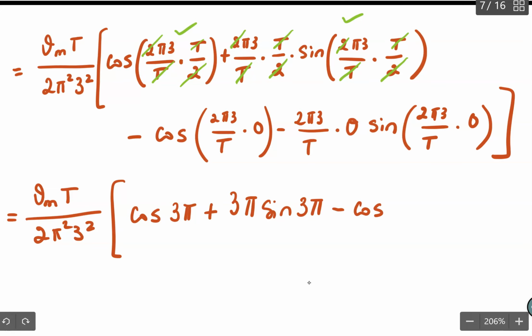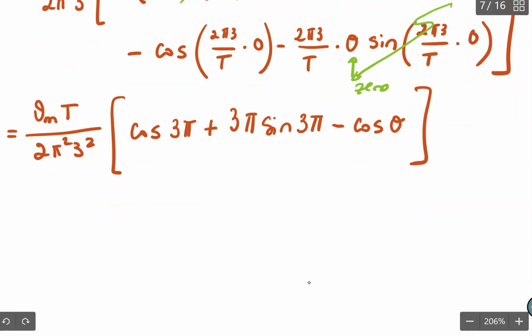Okay, cos of 0 is important. And this is already multiplied by 0 in this case. You see that this is multiplied by 0, so this whole thing actually becomes 0. Okay, so close the bracket. So I should have V max t over 2 pi square 3 square.